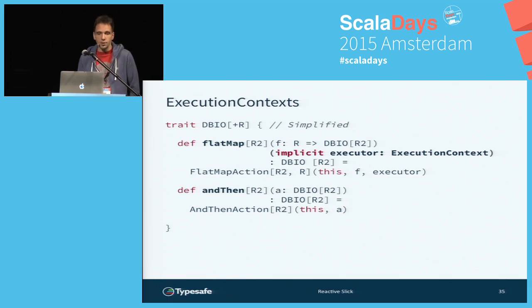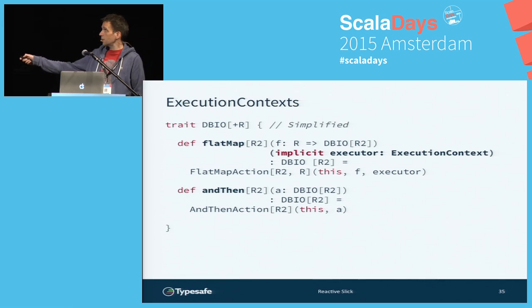And because we run the DBIO actions on a separate database execution pool, a separate thread pool that's only supposed to be used for database I/O, we do not want to run your user code on this thread pool because it would disturb things and mess up the computations of how many threads we really need in this pool. So instead you give it this execution context, and then it will run your computation on your implicit execution context and then pass the result back to the database pool.